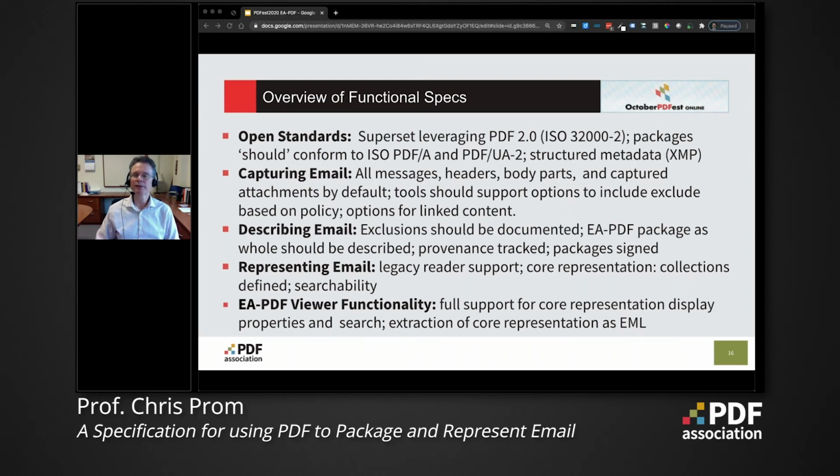The provenance of the email to PDF production process should be tracked and represented in the file. This is something that's painfully missing from the supposed email that was represented from Hunter Biden's account, if that's in fact what it was, which there are many questions about.